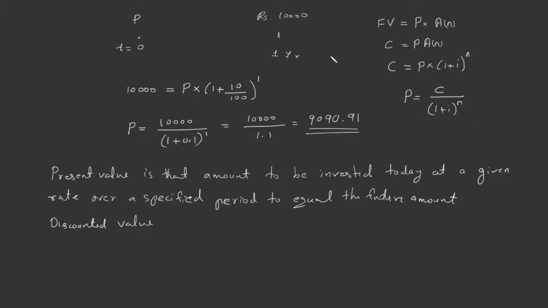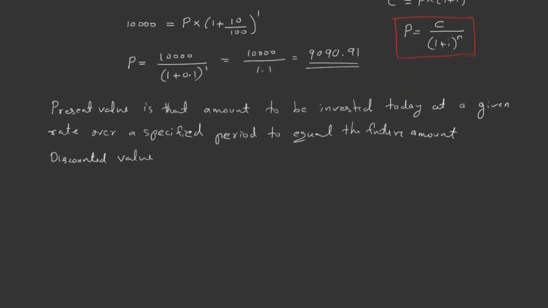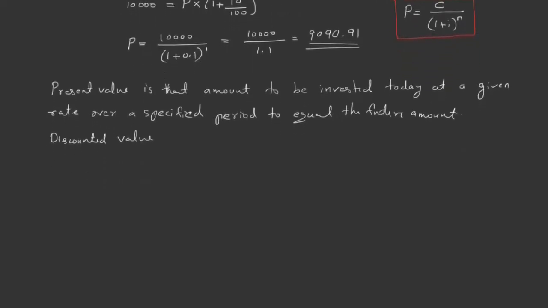So I got an equation for the present value. We are going to explain something more about it. I know the equation for present value is P equal to C divided by (1 plus i) the whole raised to n. I can write it as C into (1 plus i) the whole raised to minus n.